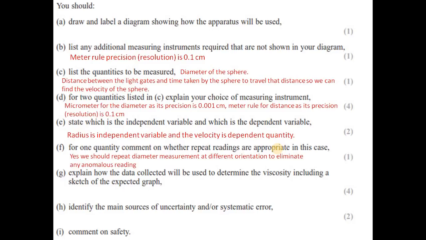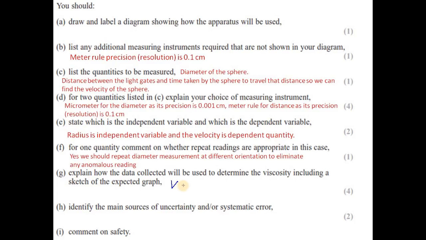Explain how the data collected will be used to determine the viscosity, including a sketch of an expected graph. Okay, in this experiment we are measuring velocity against different sizes of the sphere.